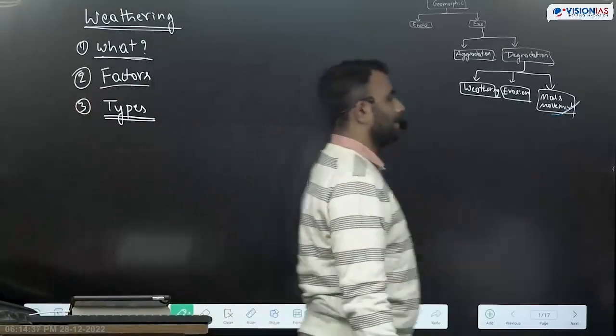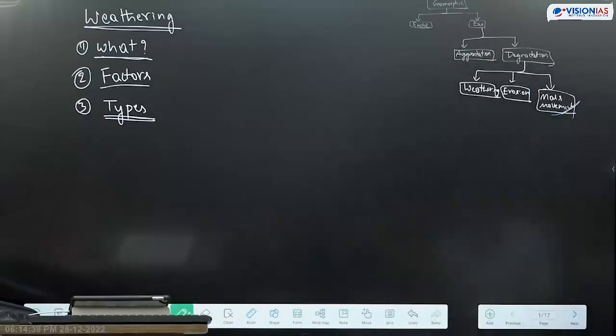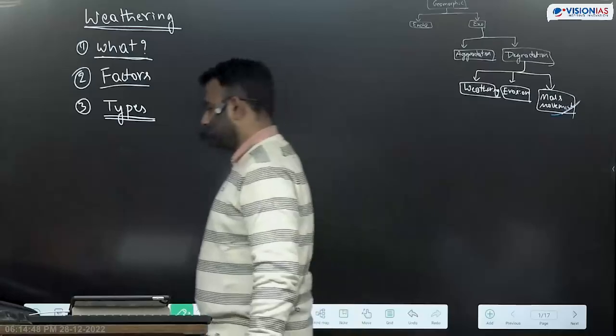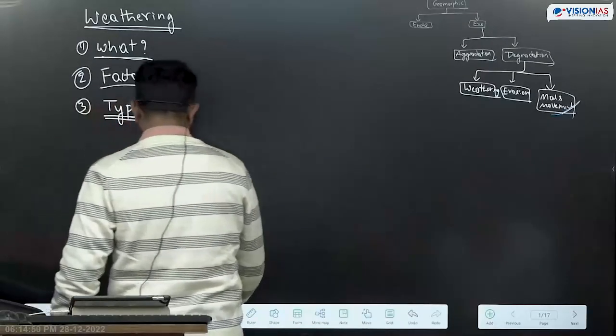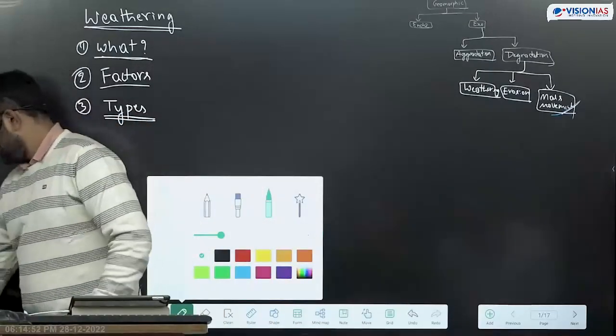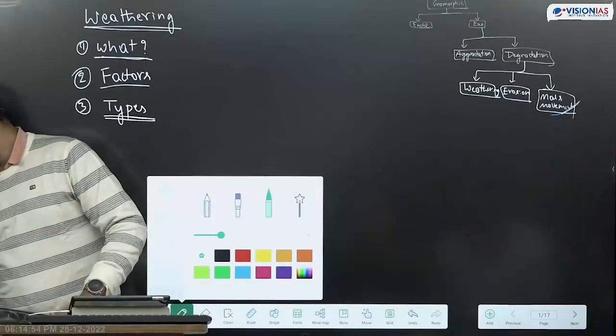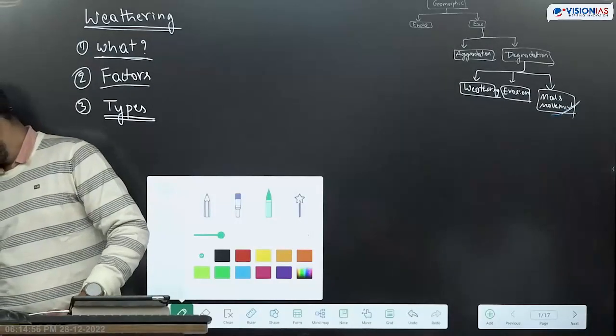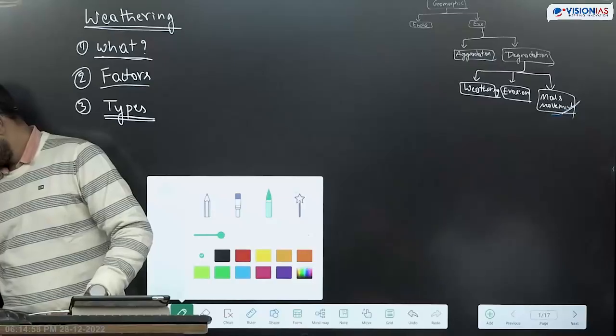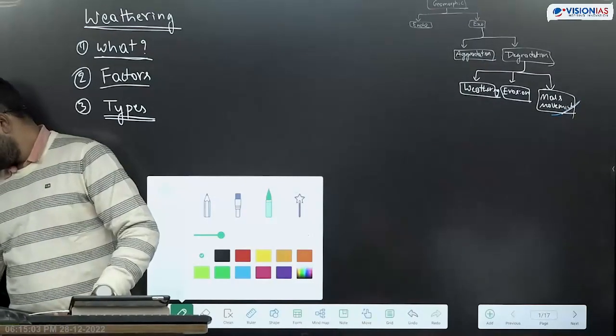Types of weathering. So basically, there are three categories of weathering. We can classify weathering into three types.